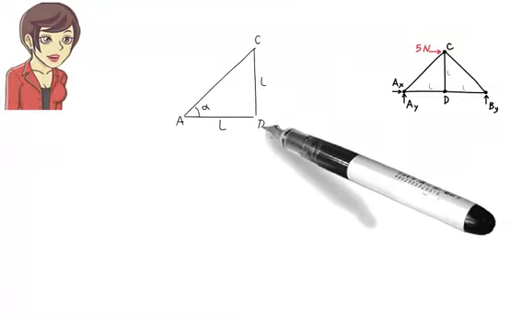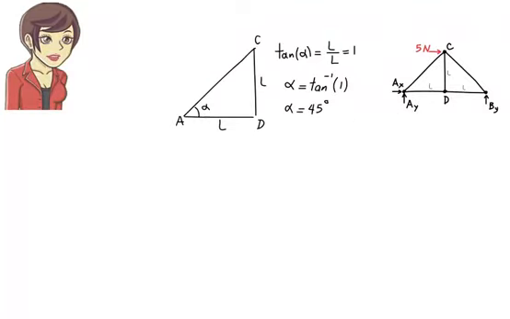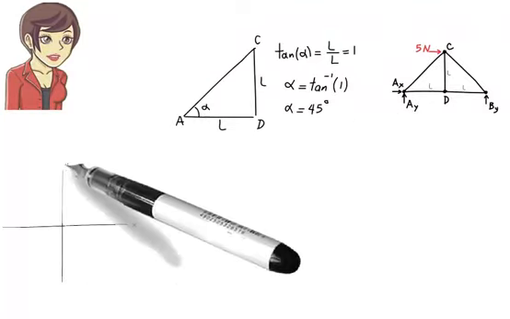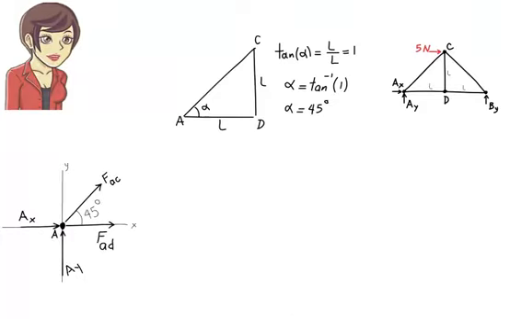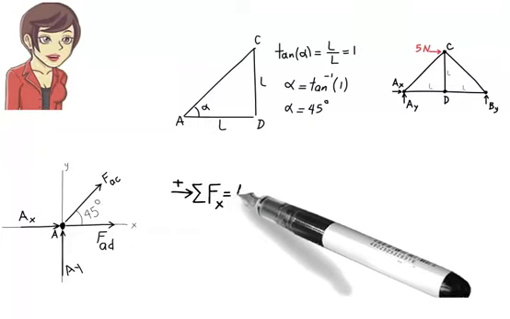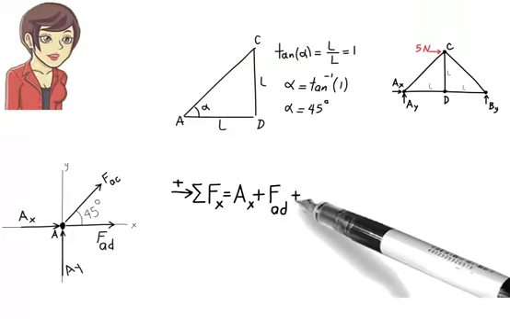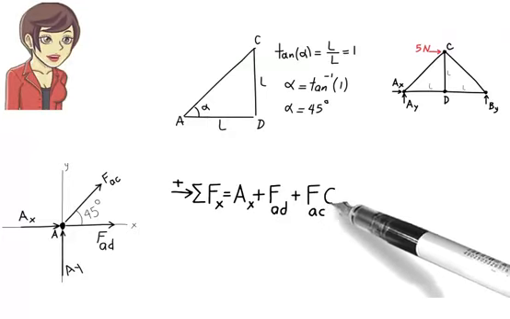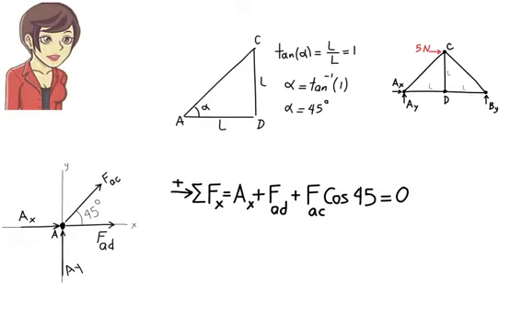Let's see how this works for joint A. Using the geometry of the truss, we can calculate angle alpha. It is 45 degrees. Then we can write sum of the forces in the x direction equals AX plus FAD plus FAC cosine 45 equals 0.